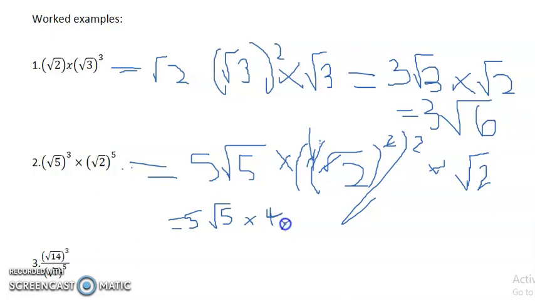Root of what? 2. So then 5 times 4 gives 20. Then the root, when you multiply the numbers in the root, you get 10. So you get your answer to be what? 20 root of 10. 20 root of 10. That's your answer.